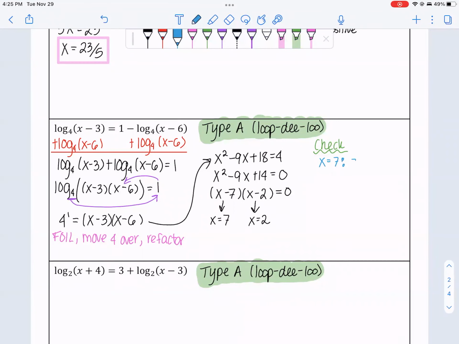We have 7 minus 3, and that gives us 4, which is a positive number. Plugging 7 into x minus 6, 7 minus 6 is equal to 1, a positive number.